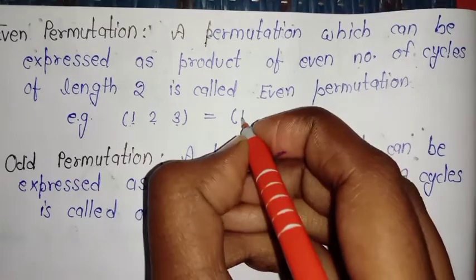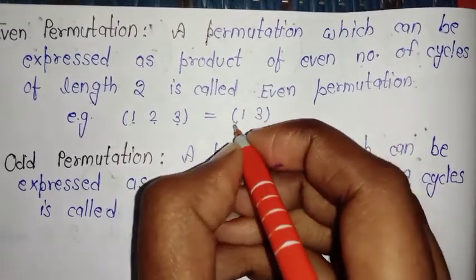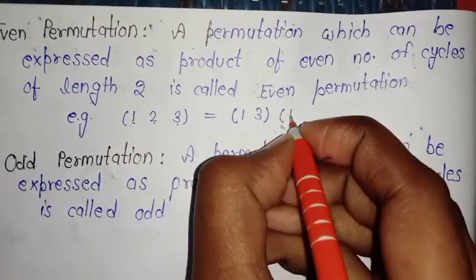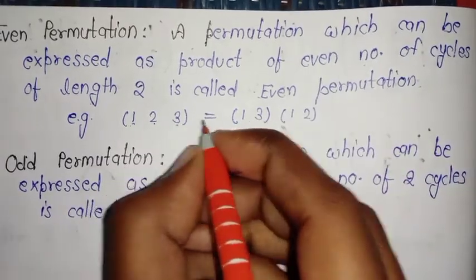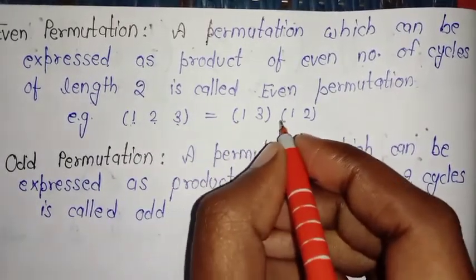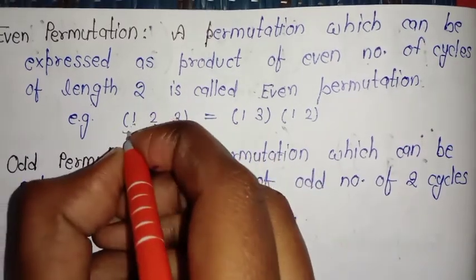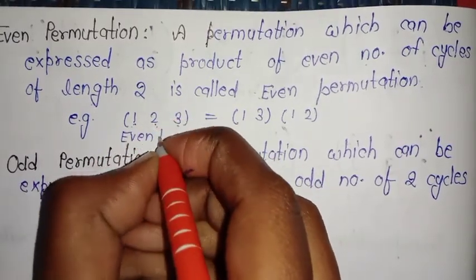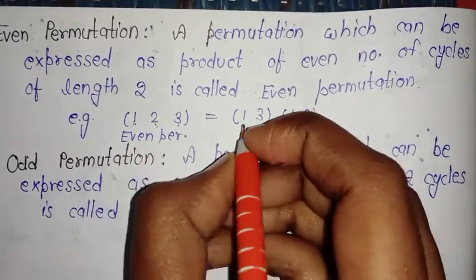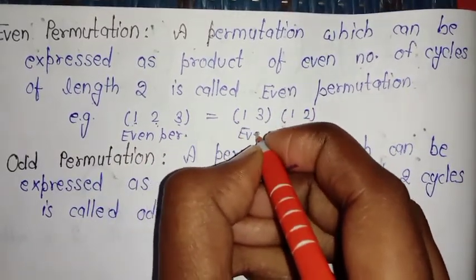So (1, 3) is the first cycle of length 2, and the second one is (1, 2). So this can be expressed as the product of an even number of 2-cycles. So this is an even permutation.